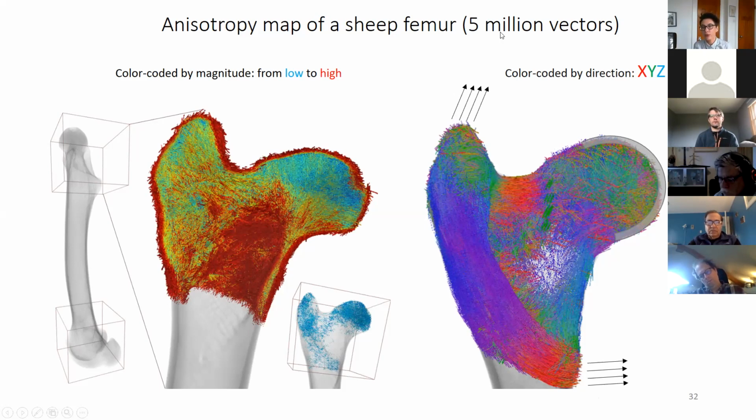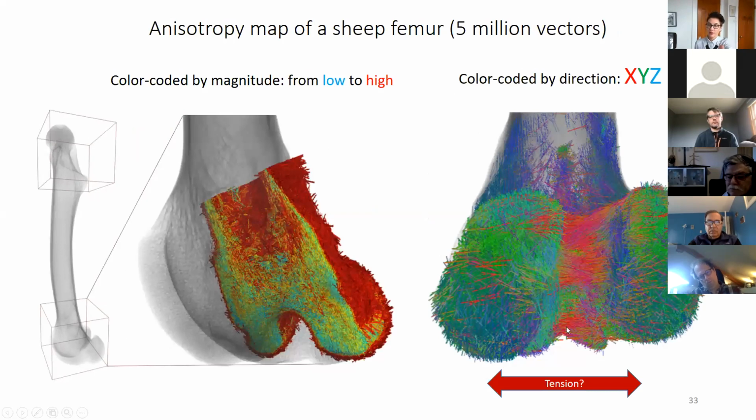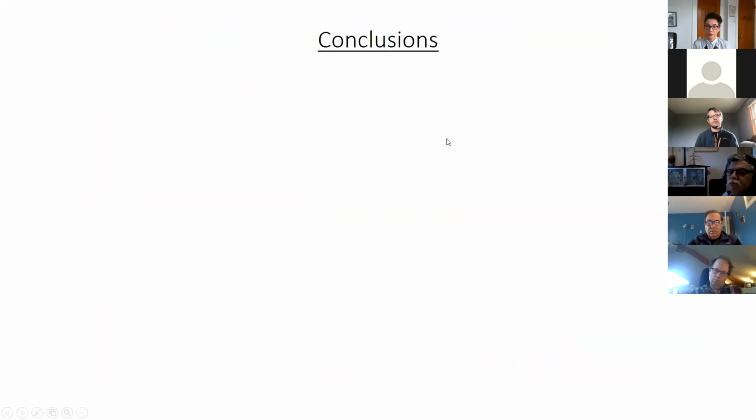So we have a pulling vector here, and it means that this tract of co-aligned trabeculae works in tension, which, for a bone biologist, is quite counterintuitive and exciting. And the same feature we can see on the other extremity of the same bone in the knee. We also can identify structures that apparently, according to their geometry, are loaded in tension.